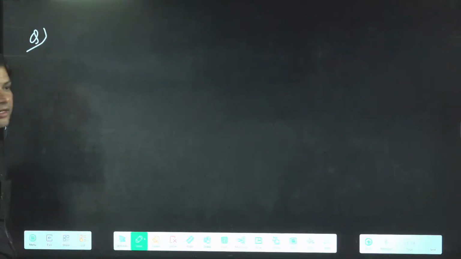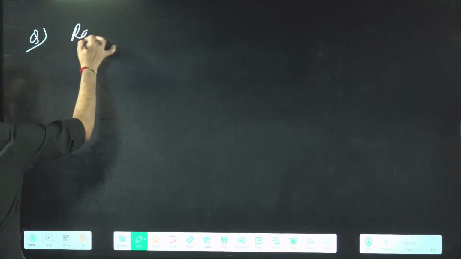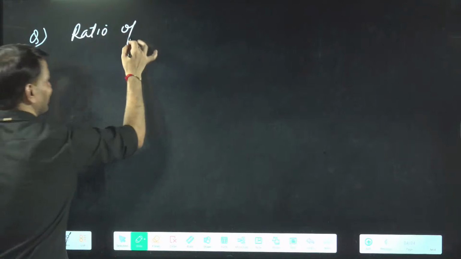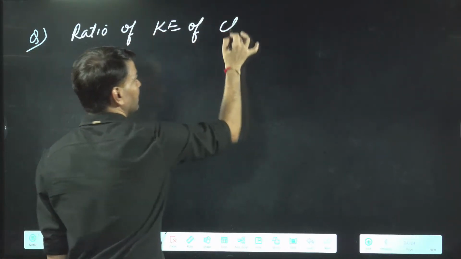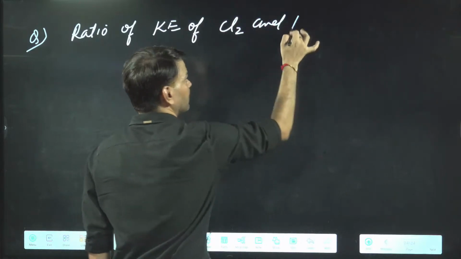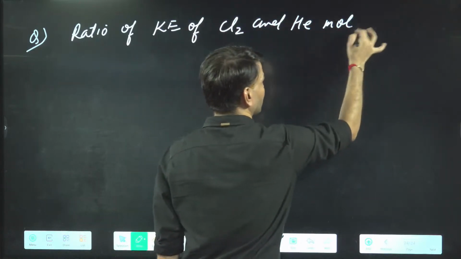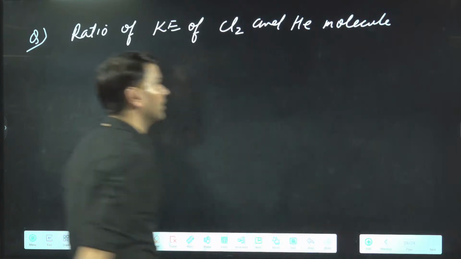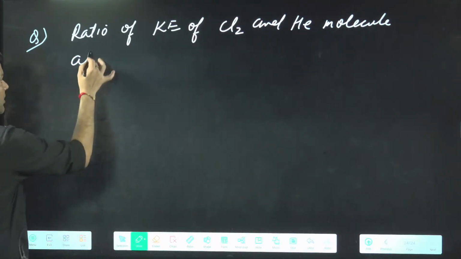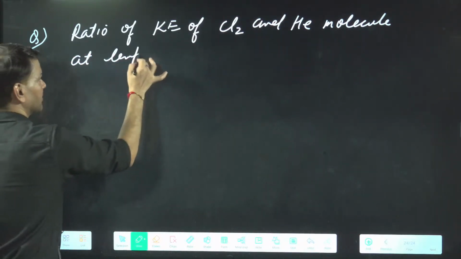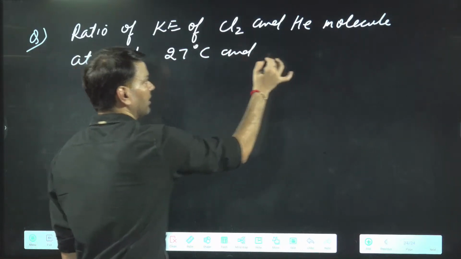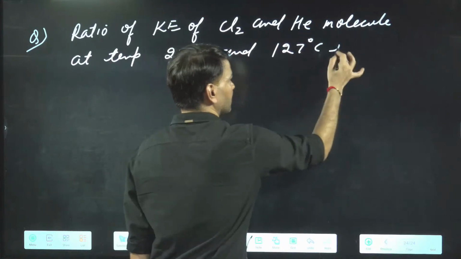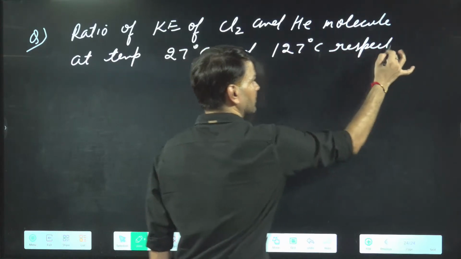Suppose I am asking the ratio of the kinetic energy of chlorine and helium molecule at temperatures 27 degrees C and 127 degrees C respectively.